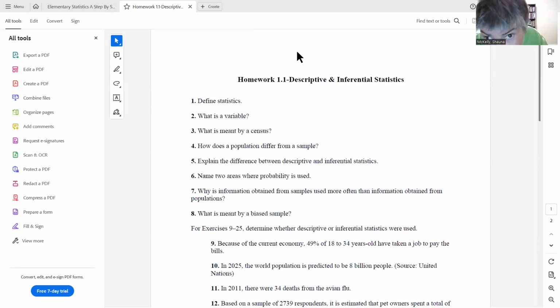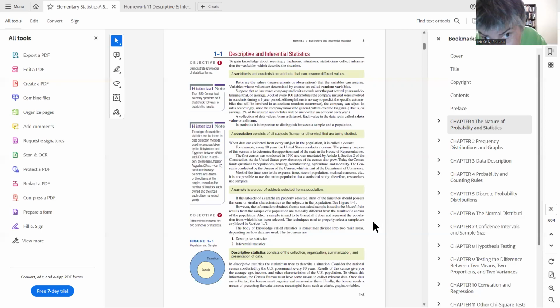I'm going to stop sharing for a moment here and bring up something else so I can share this with you. So here is the textbook.